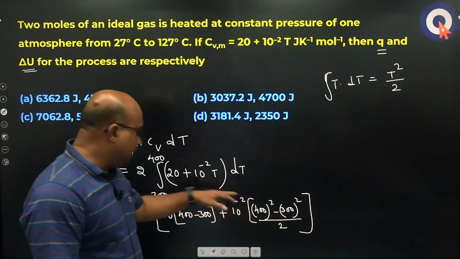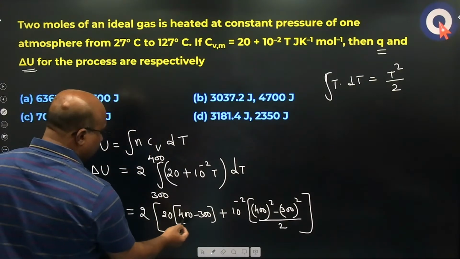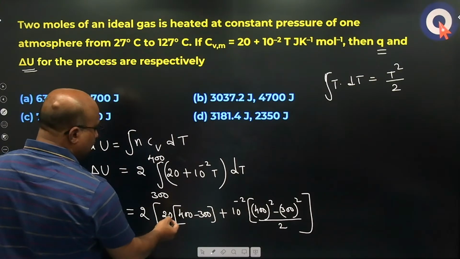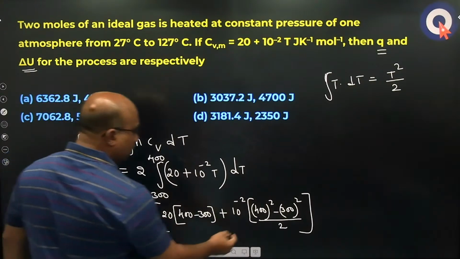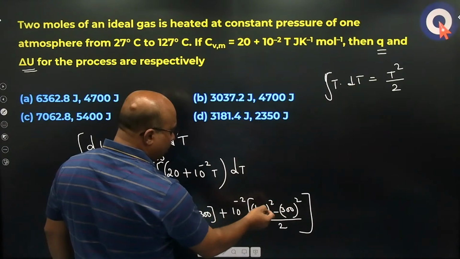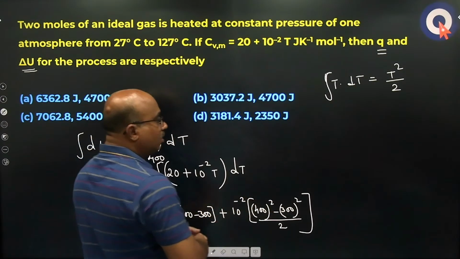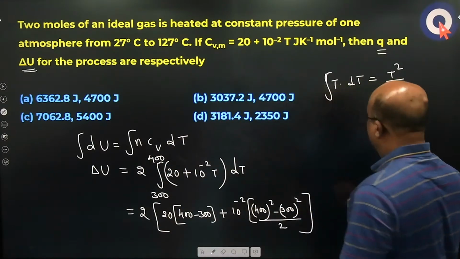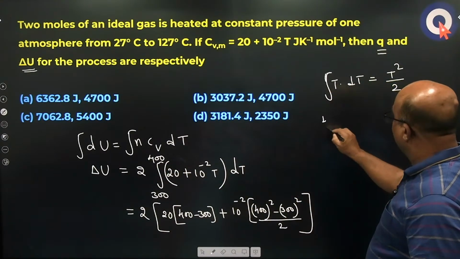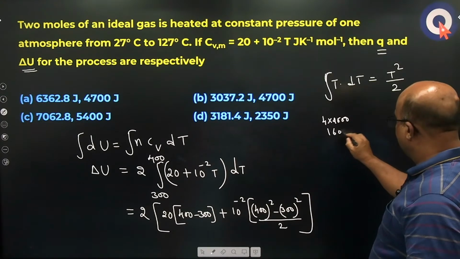So if you calculate this, what we are getting is 100 into 20,000. This is 400 square, this is 300 square. If you take 10 square common, so it's nothing but this part is 4 into 400, that is 1600.